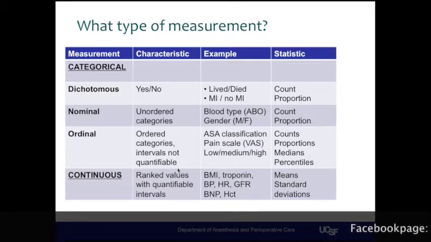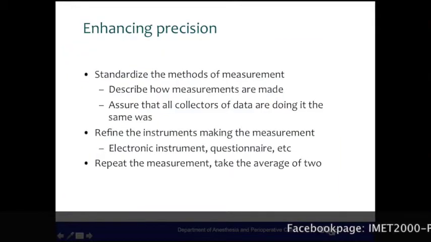The other end of the scale is called a continuous variable, and these are ranked values with quantifiable intervals. Examples being body mass index, blood pressure, heart rate, troponin, glomerular filtration rate, hematocrit. So there are many biological examples of continuous variables, and we typically express these in terms of their means and their standard deviations.